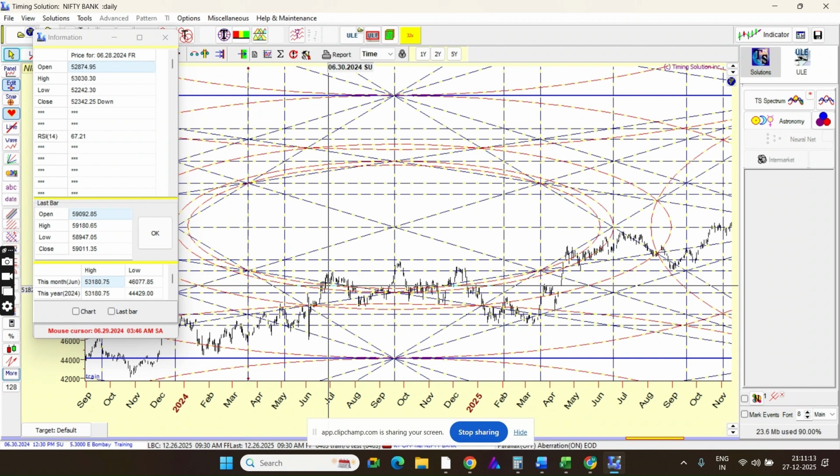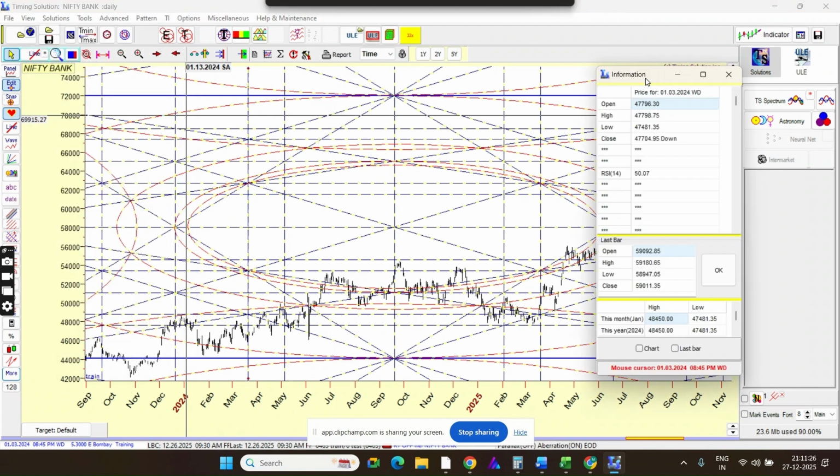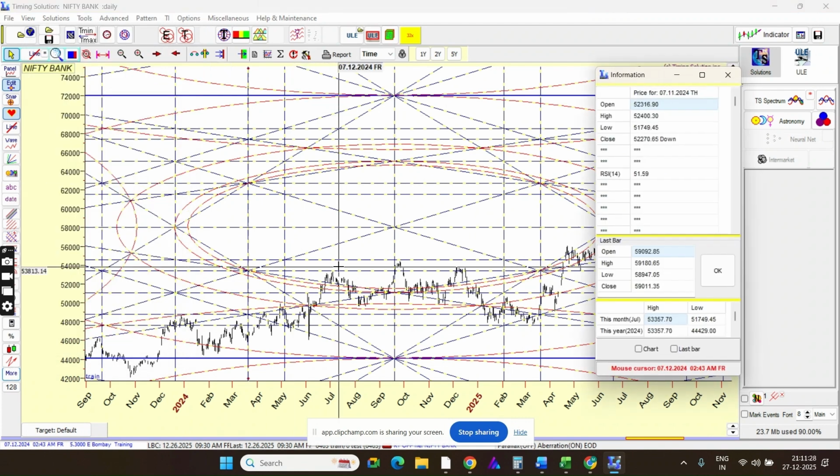Then we moved above this angle, and then we are moving into this cluster resistance. If you see the level here at the cluster, it was 53,400 odd.